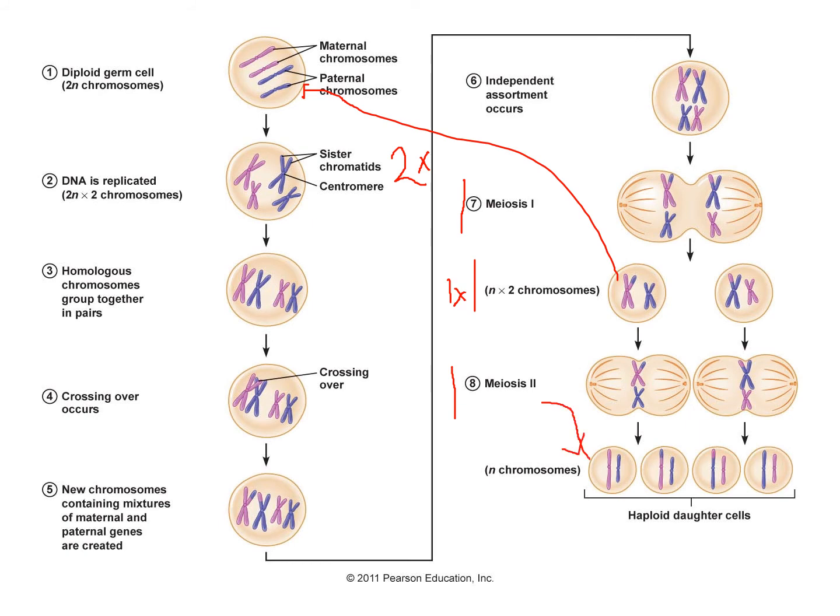So you can see these cells are half of what these cells were. You can see you've got 2 only, whereas here you've got 4. And so this is how meiosis is different from mitosis, because you have 2 divisions for a given cell.